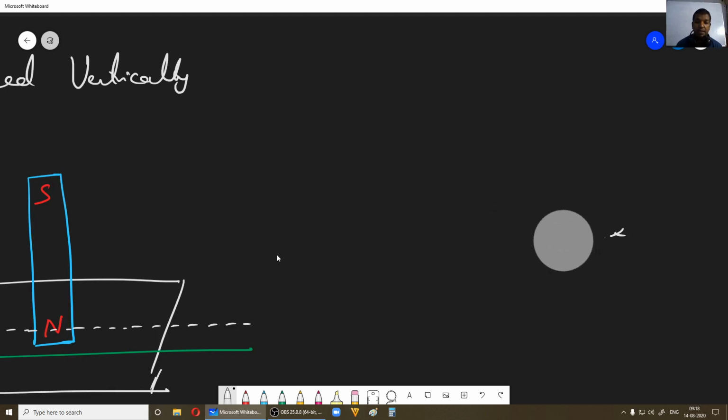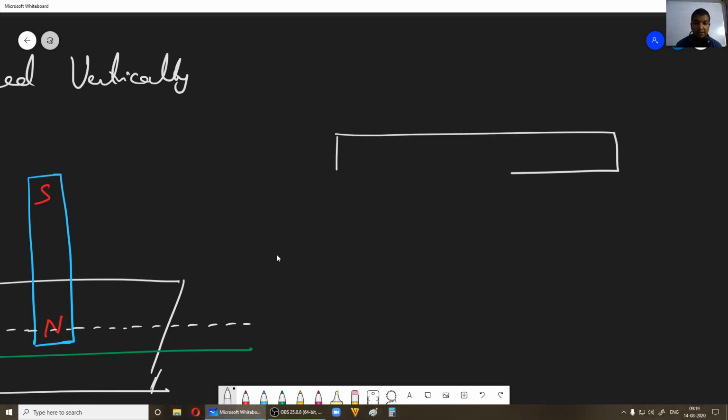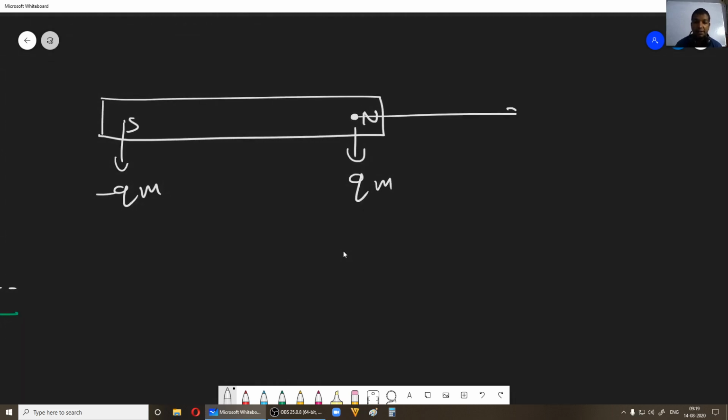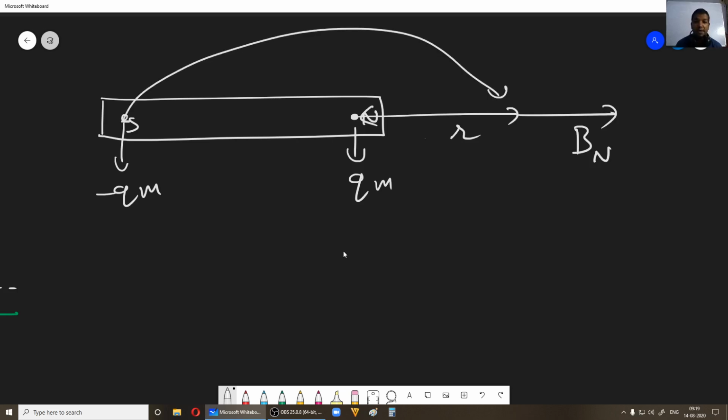See here, the magnetic field due to a bar magnet, as you can remember from the last class, we considered something like this. So this is North Pole, South Pole, right? So we'll associate a magnetic charge or positive pole strength with the north, and this is negative pole strength. Now at a distance r, due to this positive charge you have B1, you can say Bn, due to the North Pole, which is this way. Now due to the South Pole, at that point Bs will be this way, correct?